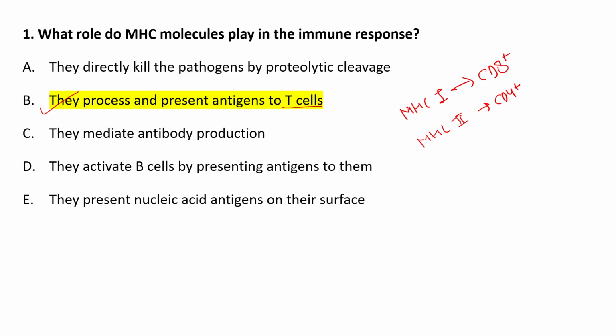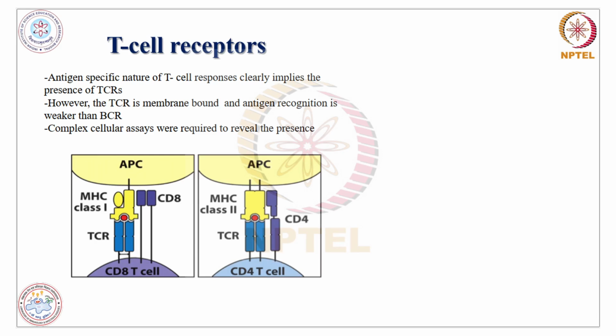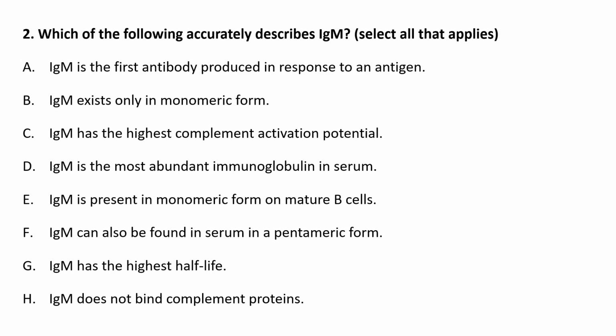And MHC1 will process the endogenous antigen, whereas MHC2 will process the exogenous antigen. These points you have to keep in mind regarding MHC. This we have seen in the initial slides.